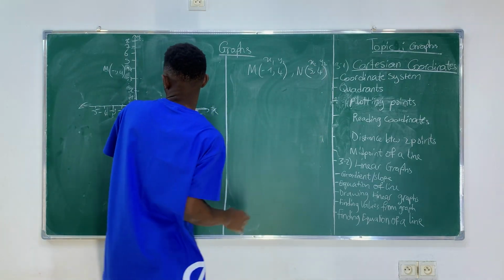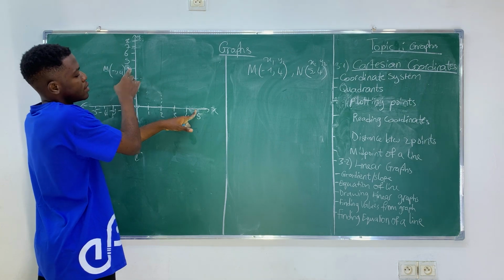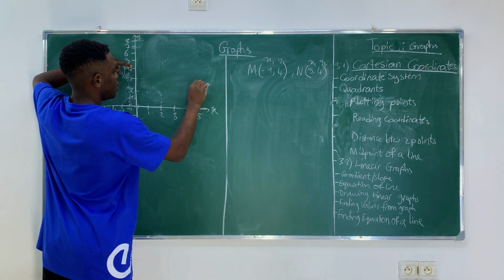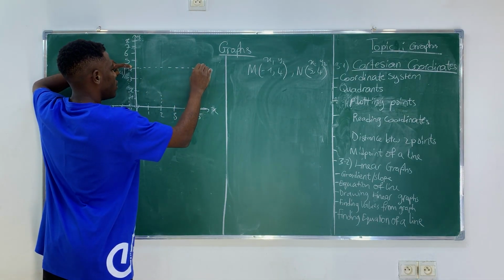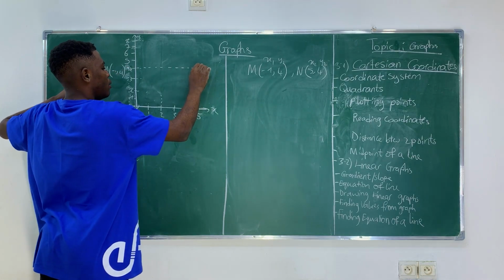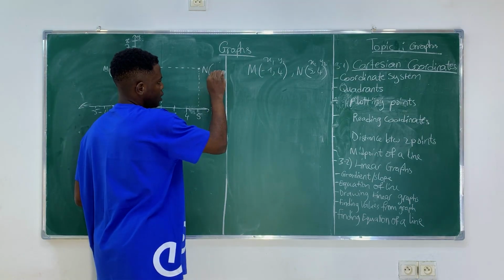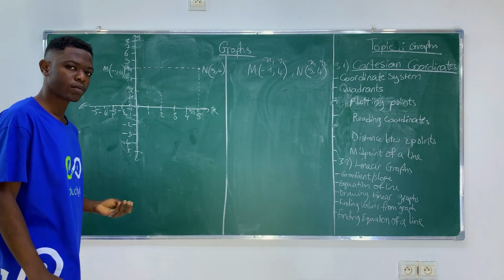What is y? y is 4 on the y-axis. This is 4 on the y-axis. So I have to plot 5 and 4. My point is going to be just here, N being (5, 4), like that.